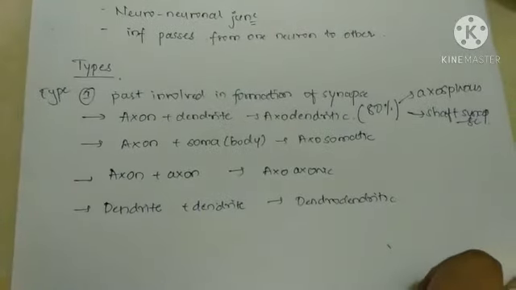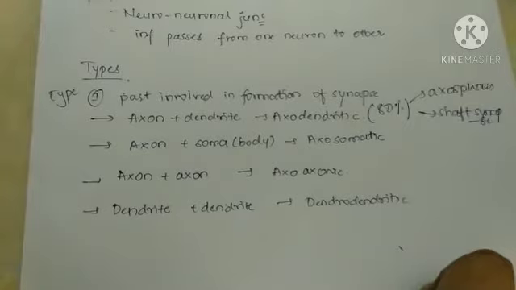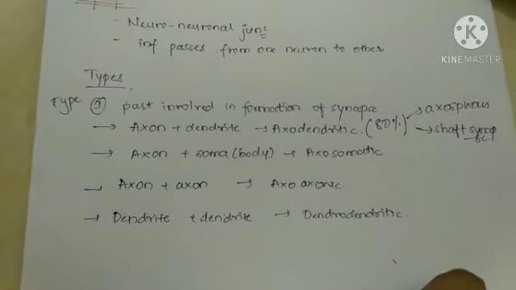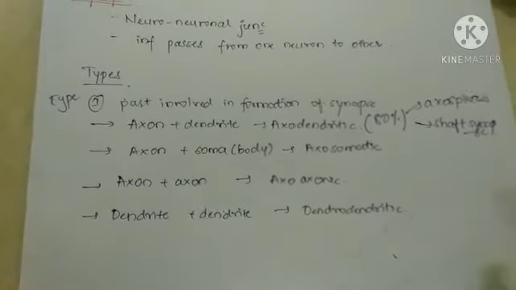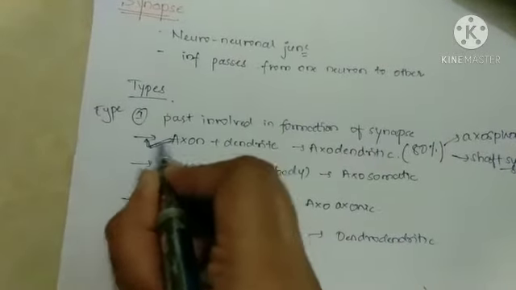Axospinous synapse is axon terminal synapse with the spinous process of the dendrite, and shaft synapse means axon terminal synapse with the shaft of the dendrite. Most common type is axodendritic.